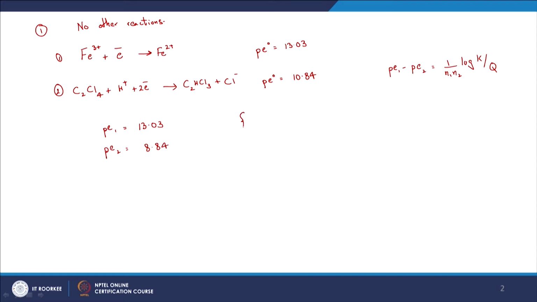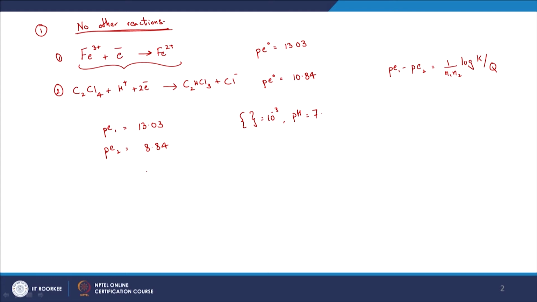Obviously, we assumed that all the activities were equal to 10^-3 and that the system was at pH 7, and the major assumption was that there are no other reactions. From this we see that pE1 for this half reaction is greater than pE2. So what does that mean?